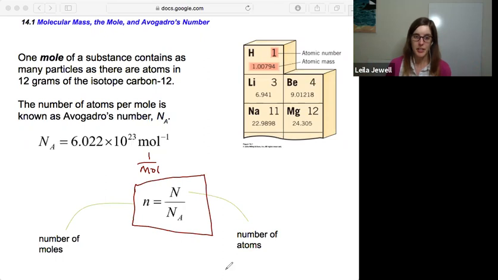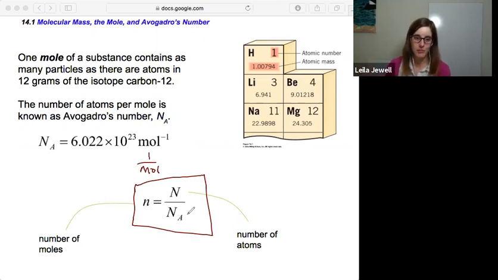This is a handy relationship, right? Where if you have a number of atoms, you divide by Avogadro's number. Implicit in the numerator of Avogadro's number is that it's atoms or particles or some sort of number of things per mole. So when you divide the number of things by a number of things per mole, the things, the atoms, if you will, cancel out, and all you're left with is 1 over inverse moles.